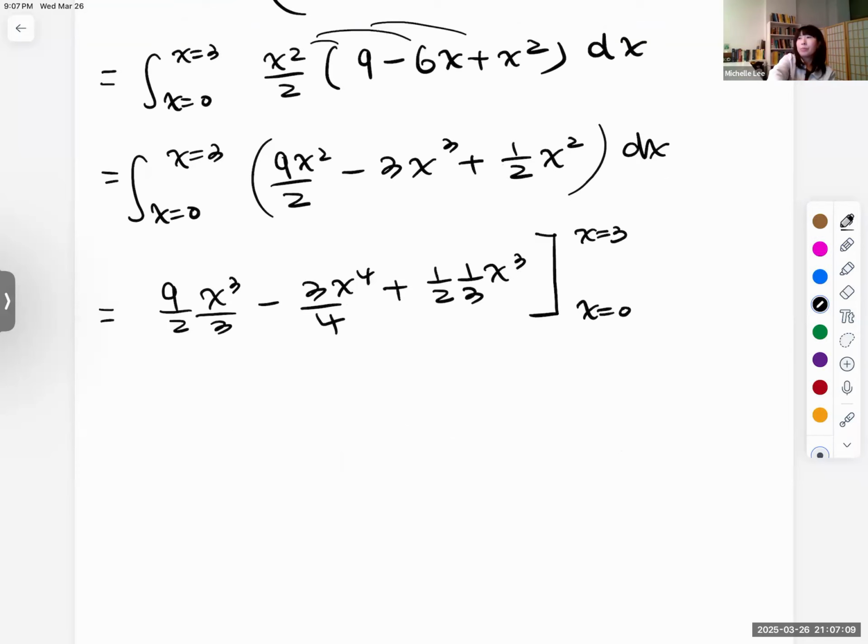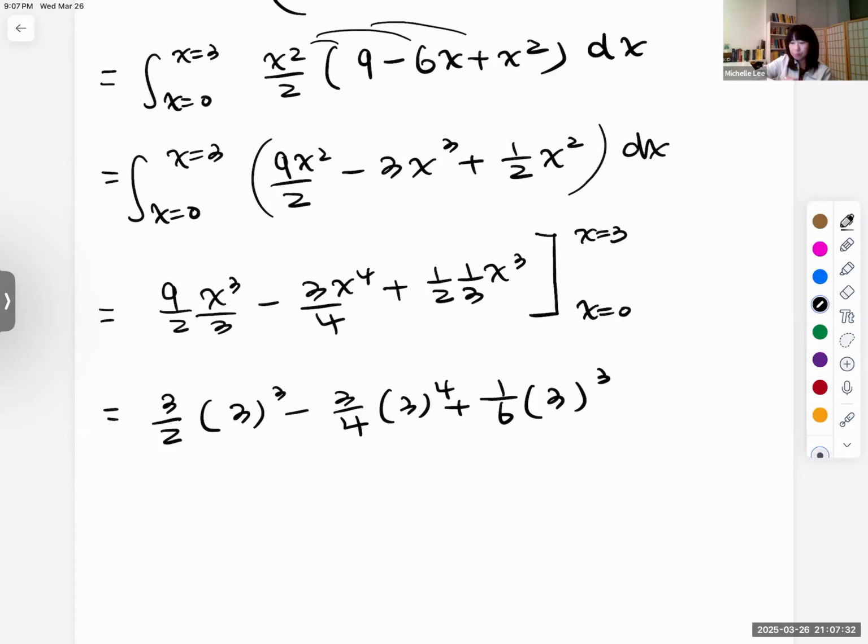So 3 over 2 times 3 to the third power, minus 3 over 4 times 3 to the fourth power, plus 3 to the fifth power over 10. Can you please calculate? So we get 81 over 20. Okay, very good.